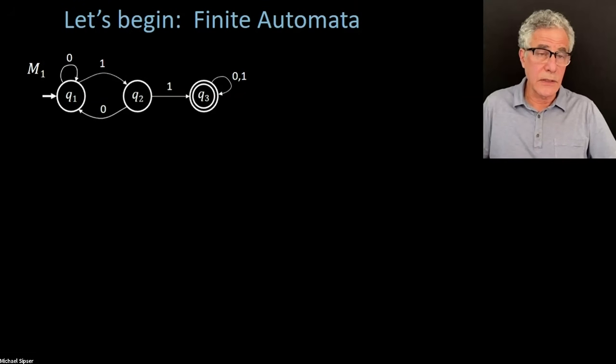And we're going to look at the capabilities of those kinds of machines. What's nice about them is that you can understand them very well. More powerful models that we're going to look at later are going to be harder to understand in as deep a way. But for these, we can develop a very comprehensive theory. And so that's what we're going to do for the next lecture and a half.